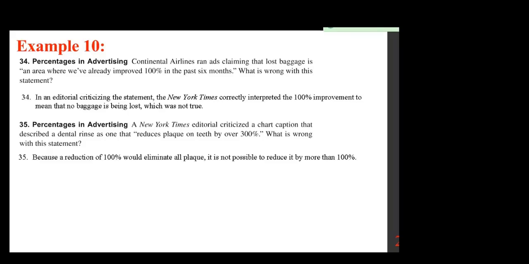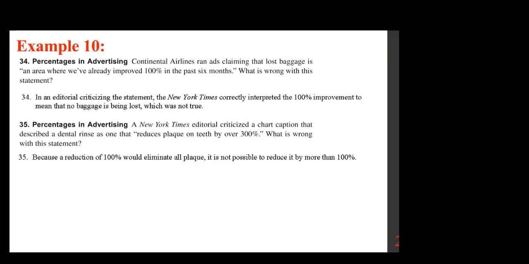I have a question. So if Continental Airlines used to lose 1% of baggage, and now it loses 0.5%, that means it has been improved, okay? But it doesn't mean a 100% improvement. A 100% improvement, the way it is given, means there is no more baggage loss.